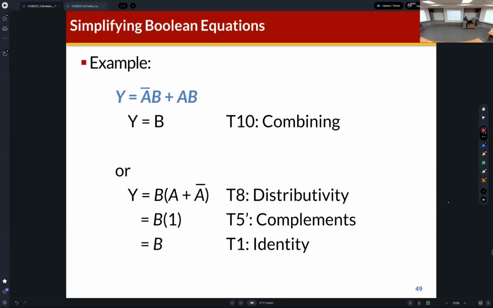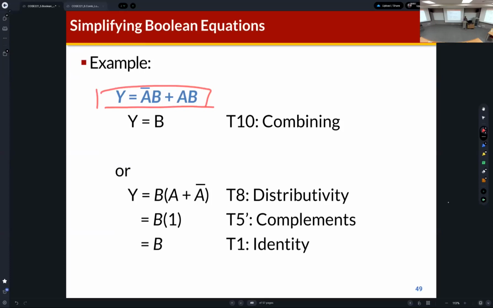So let's see some examples. This is a very simple example. As you can see, this equation is y equals a bar and b, plus a and b. So this is not an optimized equation.